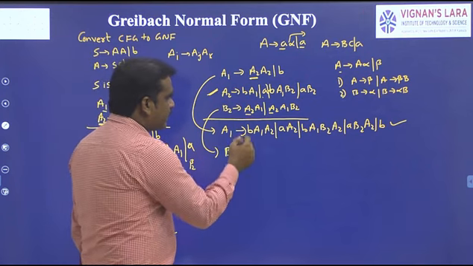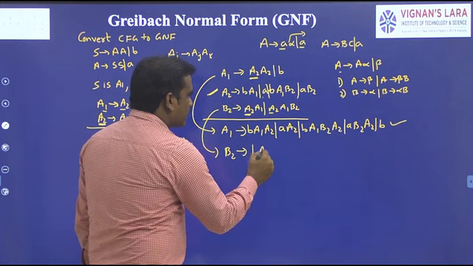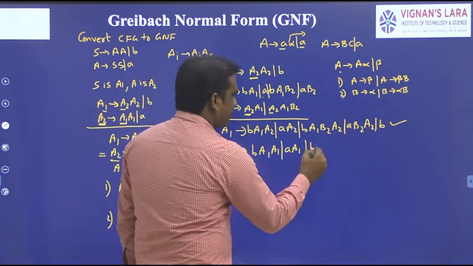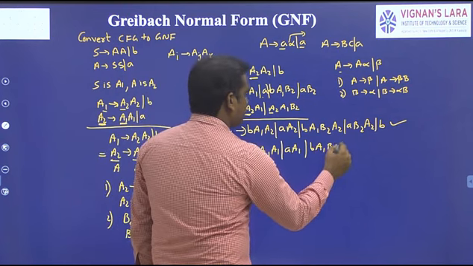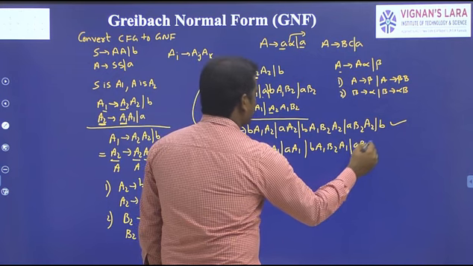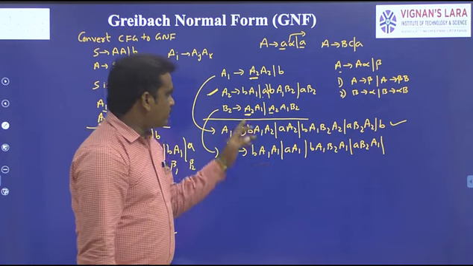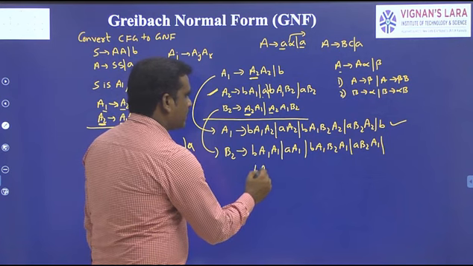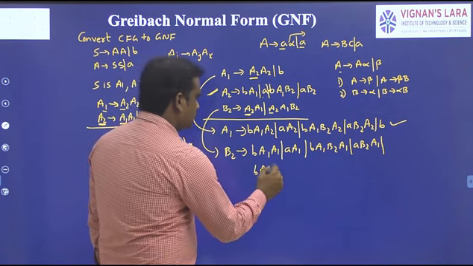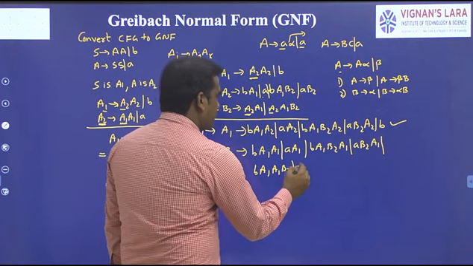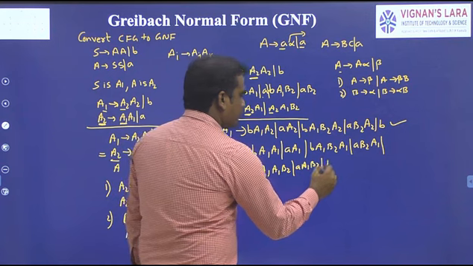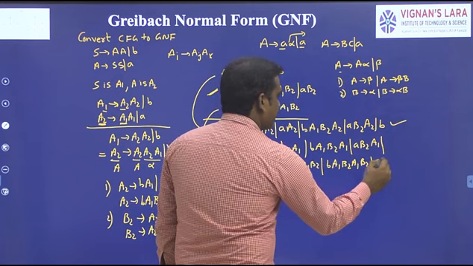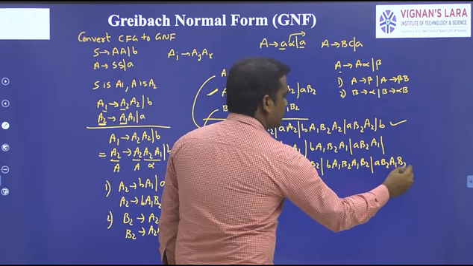Now B2 productions can be written with A2 replaced by the A2 productions: B A1 A1, A A1, B A1 B2 A1, A B2 A1, followed by one more production, again with A2 replaced by the A2 productions: B A1 A1 B2, A A1 B2, B A1 B2 A1 B2, A B2 A1 B2.